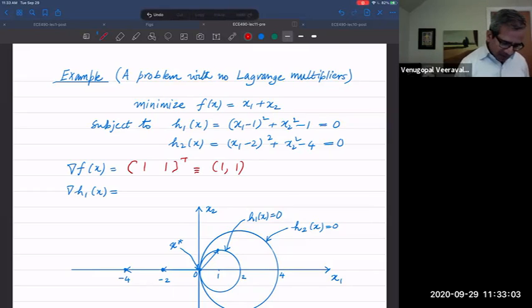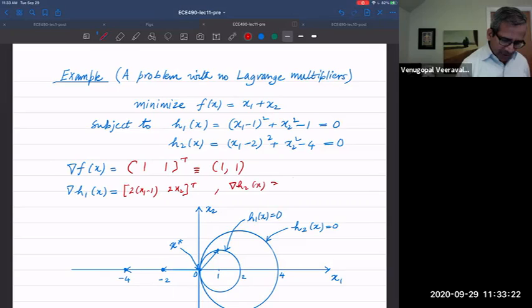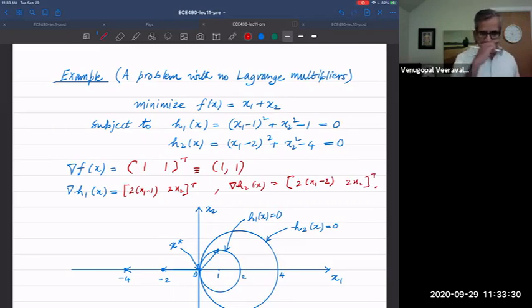And then the gradient of h1 is going to be 2x1 minus 1 and 2x2. And the gradient of h2 is 2x1 minus 2 and 2x2.